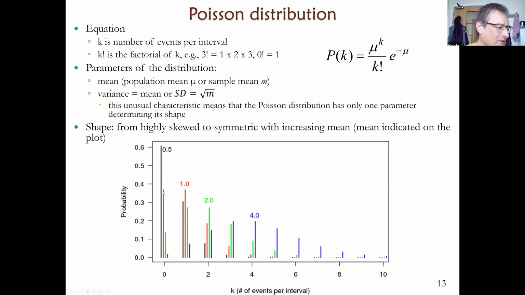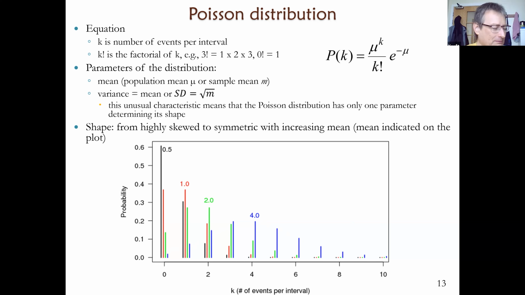If it's 1, the first two frequencies are equal and then it drops off quickly. For 2, it first increases, stays constant, goes down again, and for 4 it becomes a little more symmetric already. So the shape of the distribution can change a lot when you change the one parameter the distribution has, the mean.